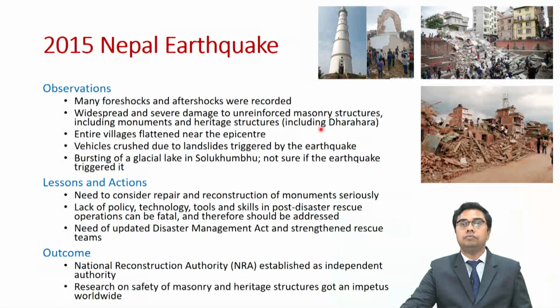So, from this we learned that we need to have a control on the structural typology of the building. We have seen damage to unreinforced masonry structures. So, we need to think about what kind of structures we should build in future. And we should also look into the conservation of heritage structures as well.